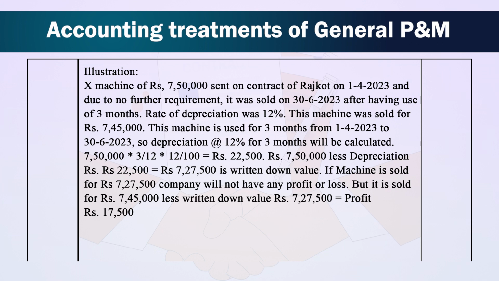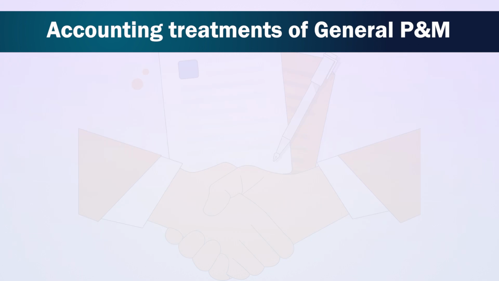If the machine is sold for rupees 7,27,500, the company will not have any profit or loss, but it is sold for rupees 7,45,000, less written down value which we have calculated, 7,27,500. Therefore, profit of rupees 17,500.